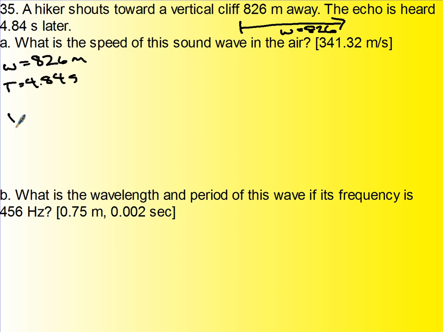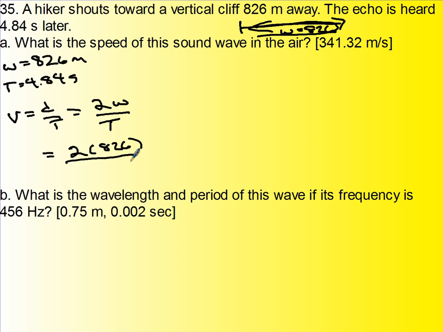So the velocity is distance over time. Now, what distance does it travel? It travels twice the width, because it's got to go down and come back. So it's 2 times 826 divided by 4.84.